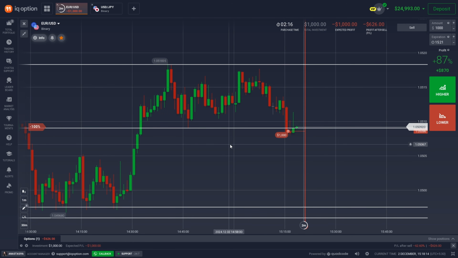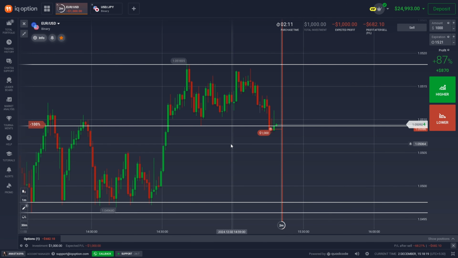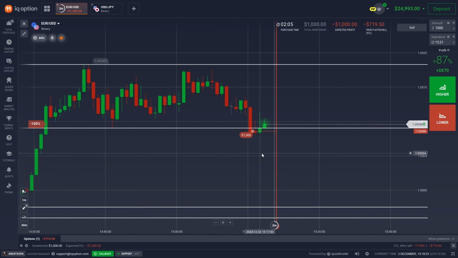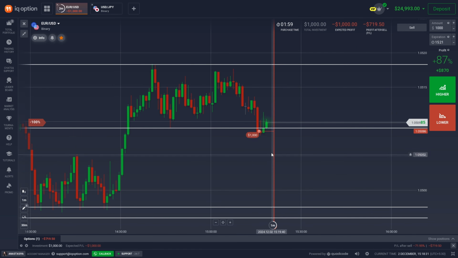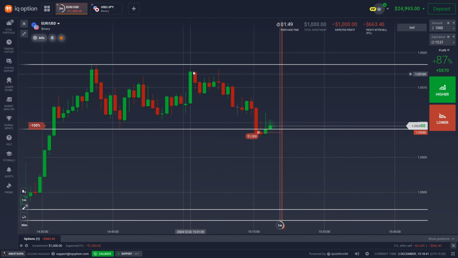So we all know that whenever there is a sideways market, you can take a trade in the breakout direction. In this case, this was the last extreme support range, and here this candle broke the level clearly, meaning that the market should fall now, and that's the reason I placed my trade here for a 5-minute expiry in the downward direction, because the breakout was clear, the market was ranging, so the breakout should work.